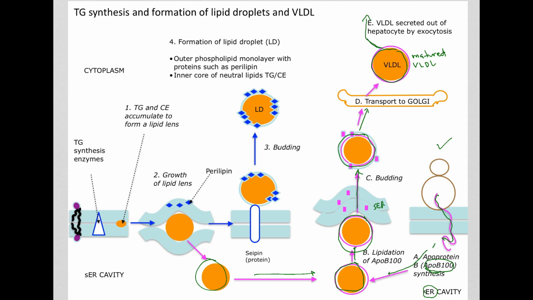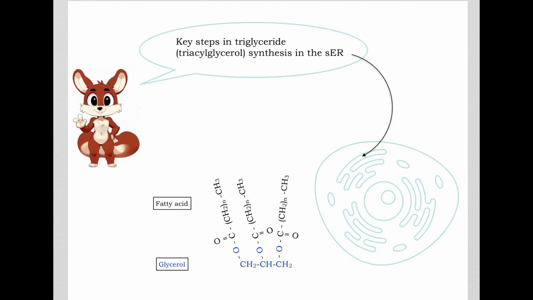So VLDL is excreted out of the liver cell by exocytosis, and the VLDL then enters the bloodstream. So unlike adipocytes that store their lipids as lipid droplets, the liver makes the lipids, then exports them out into the bloodstream. So now let's look at the key steps in the synthesis of triglycerides.